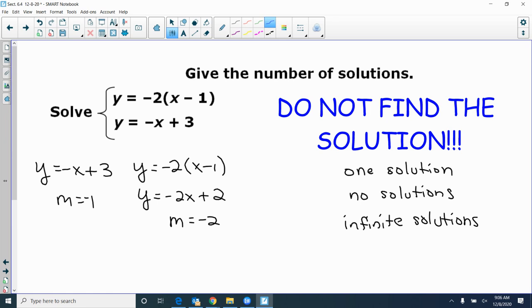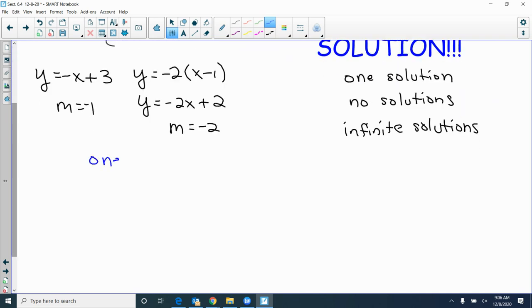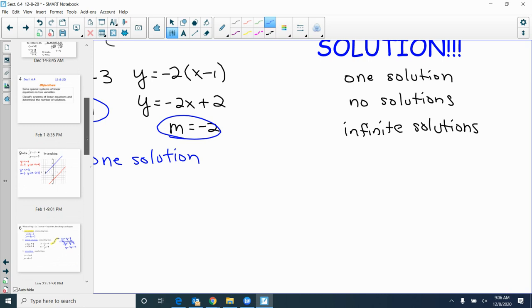Joe? What do you mean 3? These are your only options. One solution, no solutions, or infinite. Okay. Sam? One solution. All right, it's one solution. It goes back to if they have different slopes, and it goes back to that chart on the front.